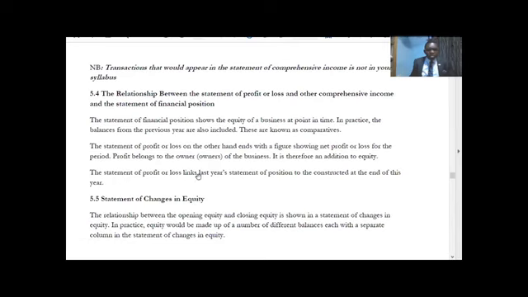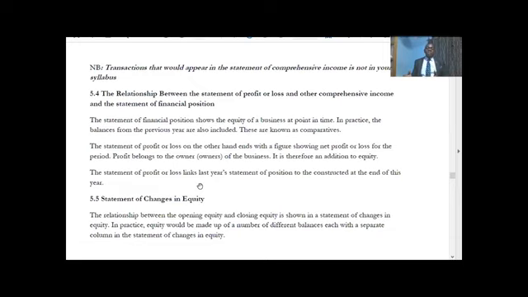Now the statement of profit or loss links last year's statement of financial position to the one constructed at the end of the current year. It links the profit or loss to last year's statement of financial position.